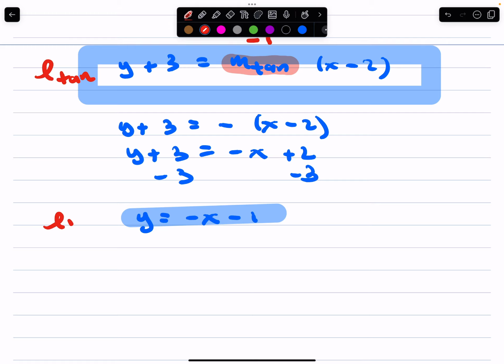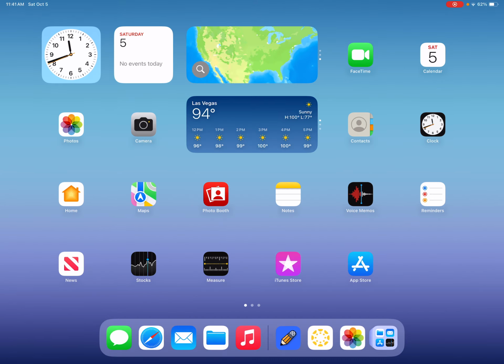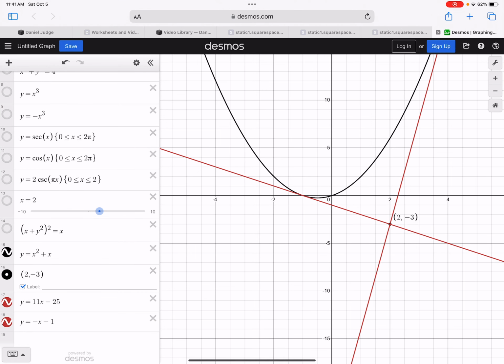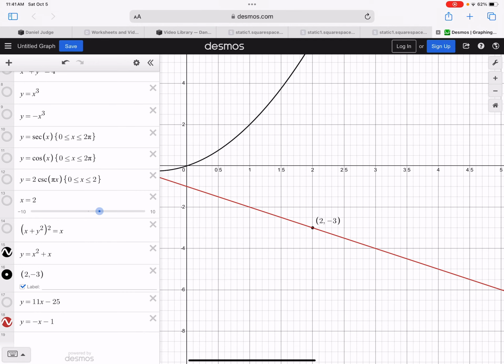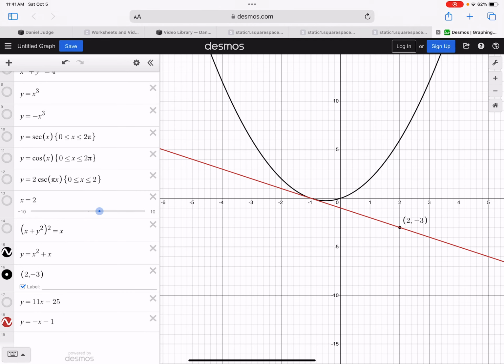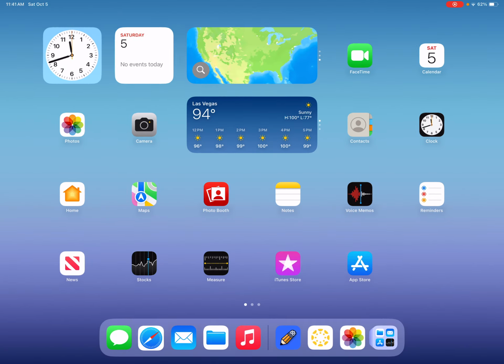So that's the first one. It's -x minus 1. So if I go to Desmos, this is my point here. That is the first equation that has a tangent line and it goes through the coordinates 2, -3. And that's what they're asking. But there's two of them.